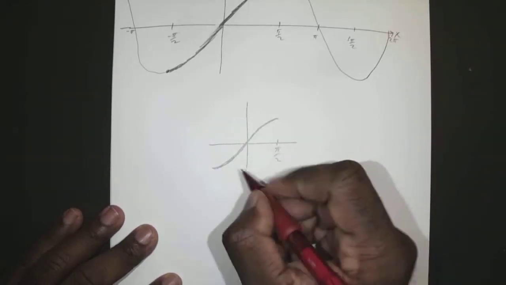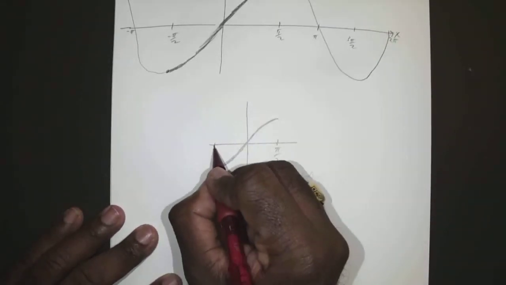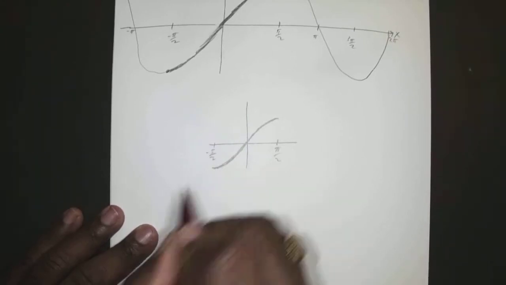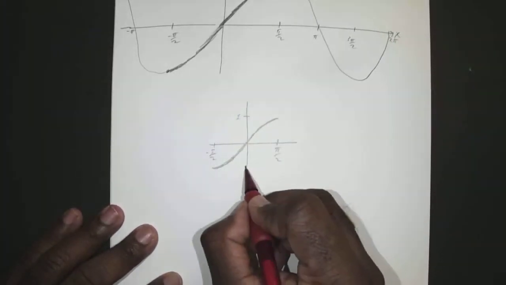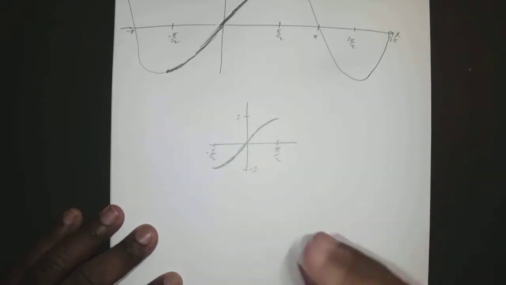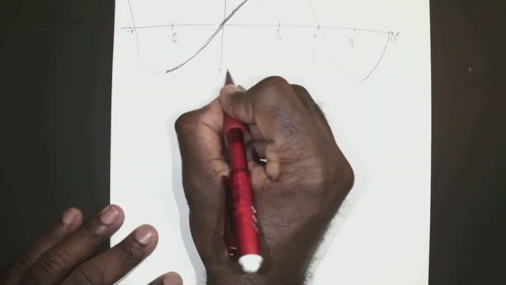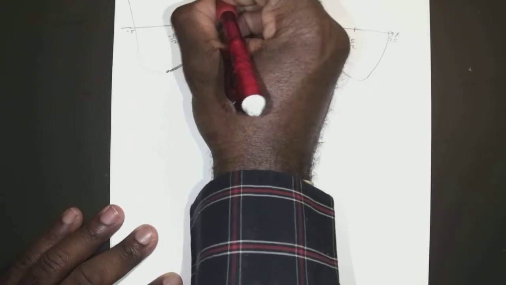From pi over 2 to negative pi over 2. And we know it's going to go up to 1 and down to negative 1, which we might as well go ahead and mark over here too, between 1 and negative 1.